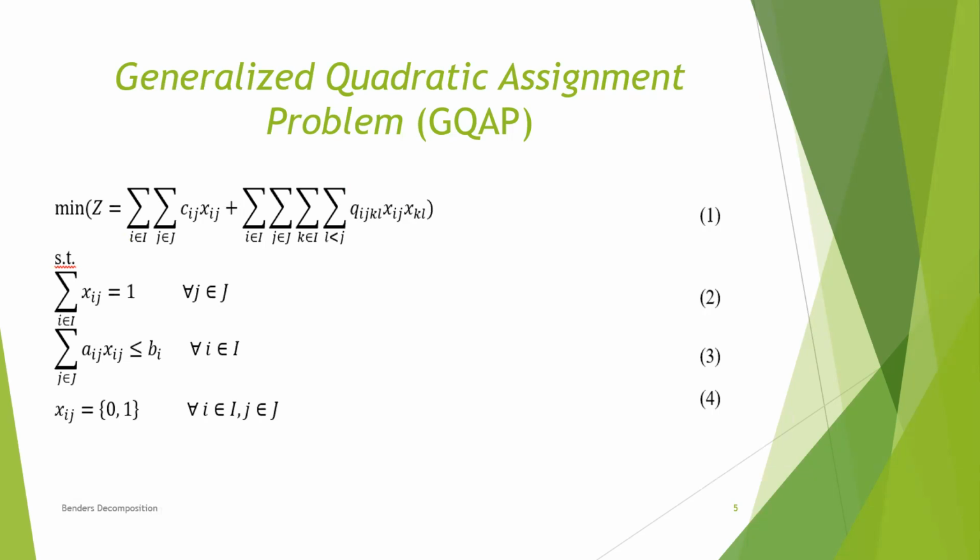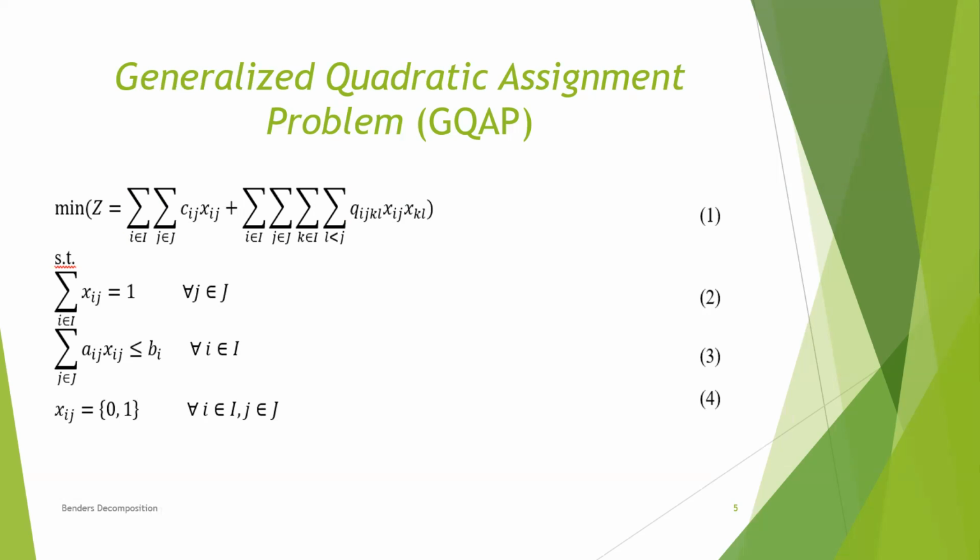In constraint number 2, we need to ensure that each equipment must be assigned to one facility, and we have a capacity constraint for the facilities, since the capacity of the centers is limited, and the main variable is a binary variable.